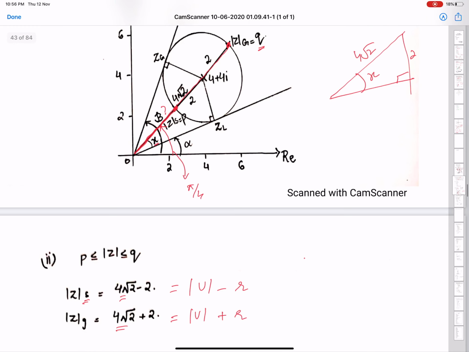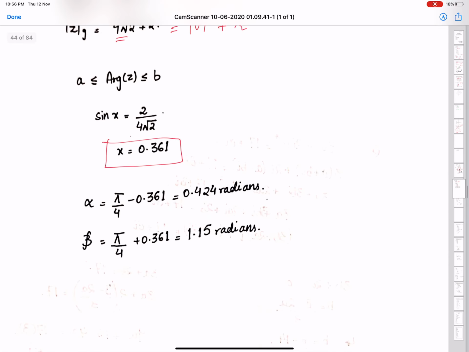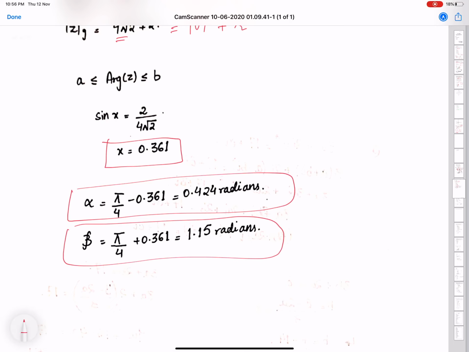Now this alpha is pi by 4 minus x, and this beta is pi by 4 plus x. Here is the answer of alpha, and this is the answer of beta.